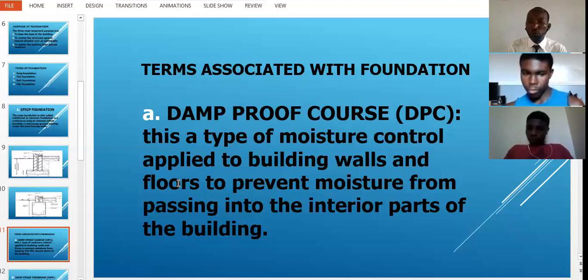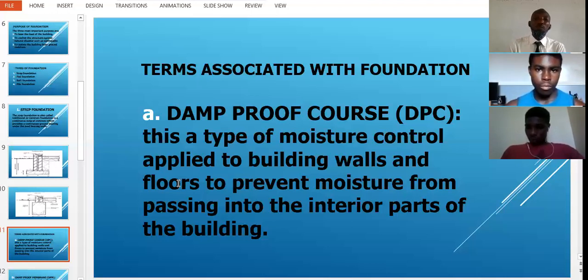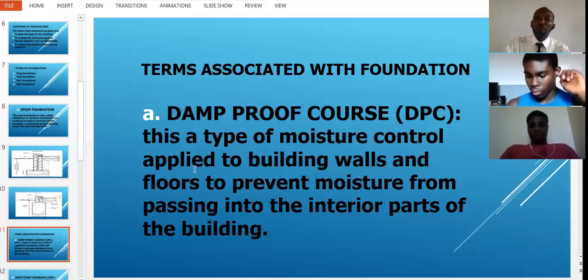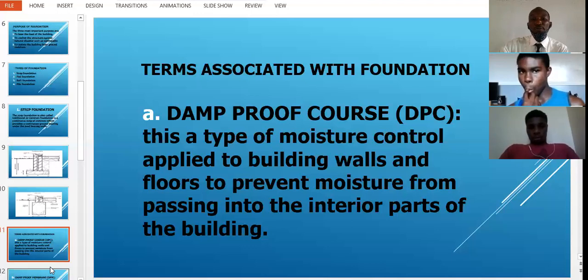So when you hear damp-proof course, DPC is just to prevent the access of moisture into the interior part of the building. So DPC means what? Damp-proof course, and it is to do what? Prevent moisture from passing into the interior part of the structure or of the building.